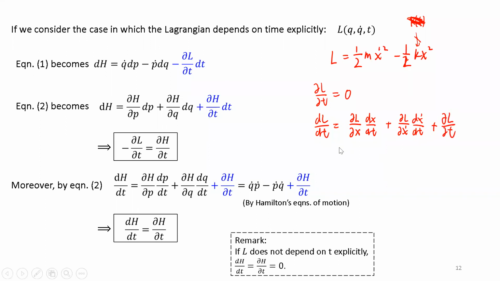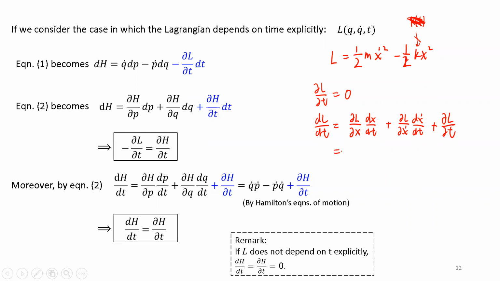Right. So this is the definition of total derivative. Remember, now this partial L partial t is 0. But what about these two terms? What is this?